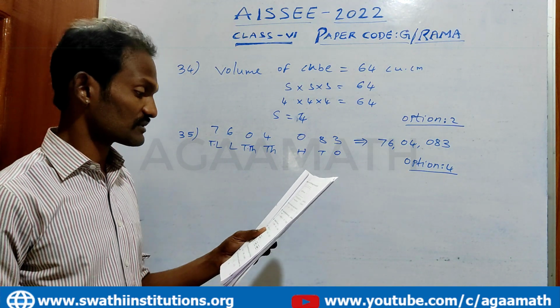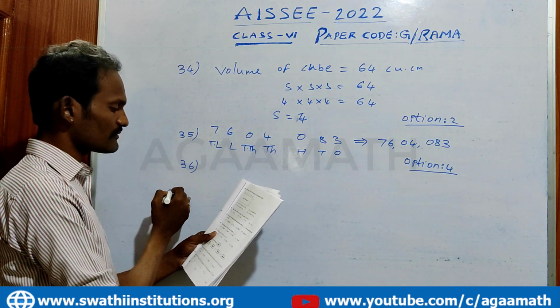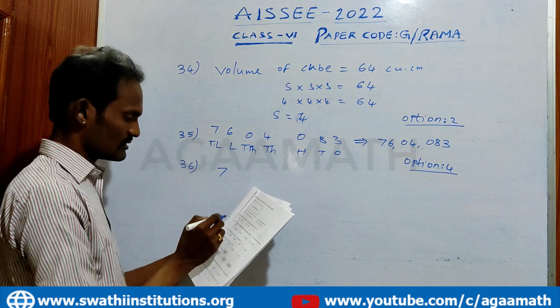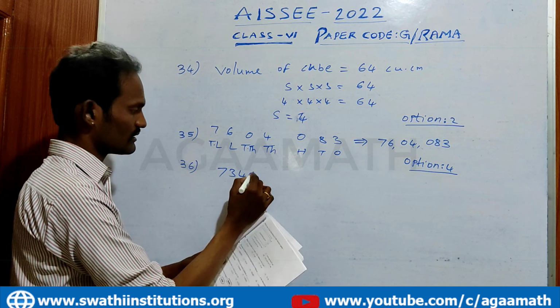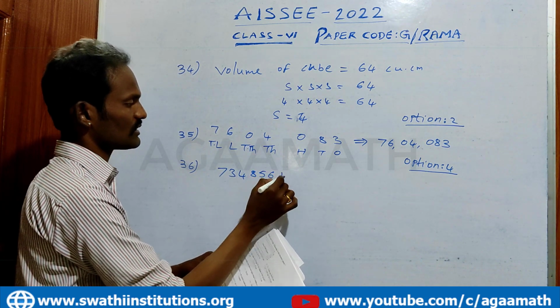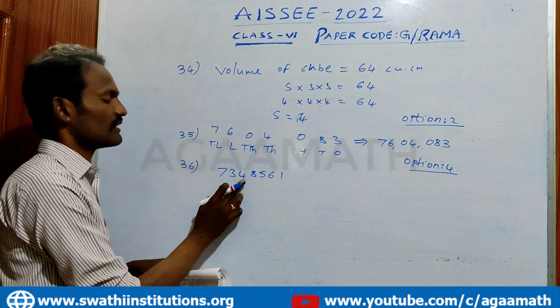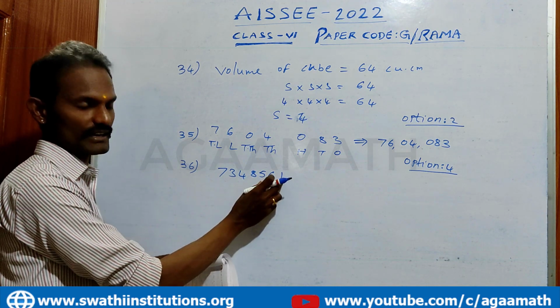Now let us come to the next question, 36. Rounding off the number 73,48,561. Ones, tens, hundreds, thousands, 10,000s, lakhs, 10 lakhs. So 73 lakhs 48,561.